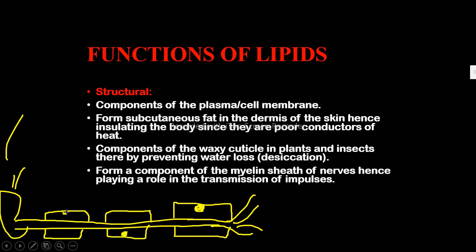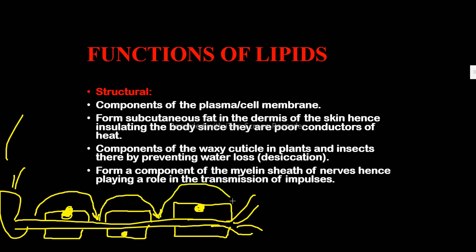Okay? Now this Schwann cell, it is the one that secretes these fats. And the fats, they do surround the axon. Now this myelin sheath is good as far as impulse transmission is concerned, in that it does improve the speed of impulse transmission.